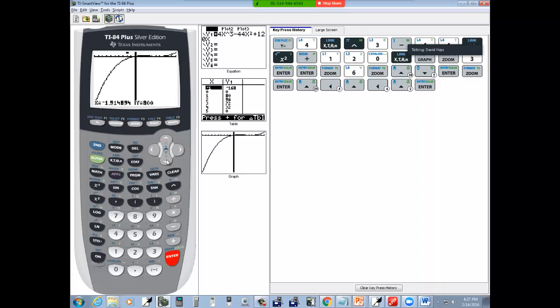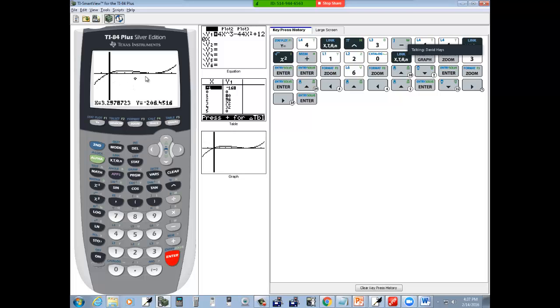I'll press enter right there, and then I'll do a down arrow and right arrow, and it draws a box. What this will do is zoom in on the part you're drawing the box around. So hopefully that right there contains it. Let's see. Press enter. Yeah, see how that goes up and then goes back down?